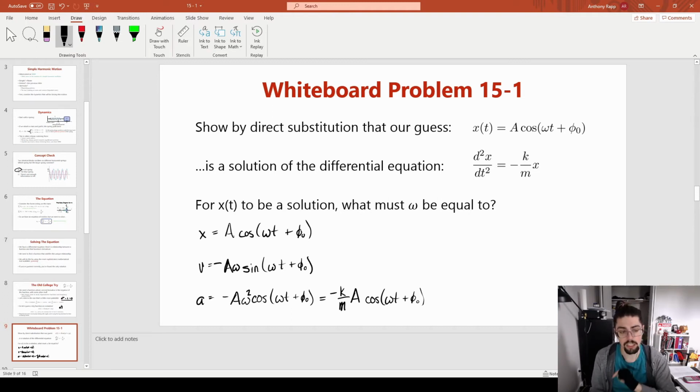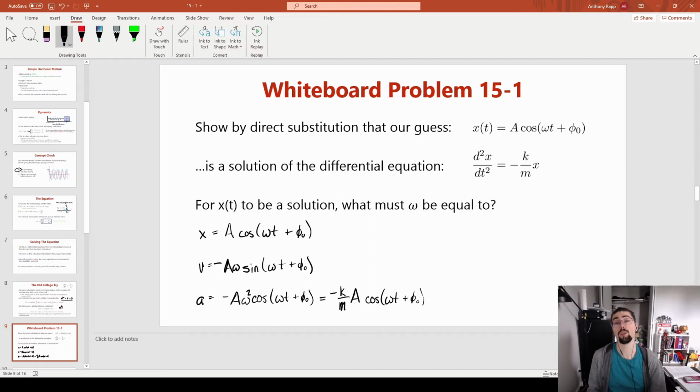There's an A on each side of this equation. And this is one of those tricky things about guessing, because technically A being there doesn't matter. It can be anything it wants to. It could be 5, it could be 0, it could be 1, it could be 30, it could be pi over e, some stupid number like that. Any value that we plug in for A would be totally fine. It would satisfy these conditions.